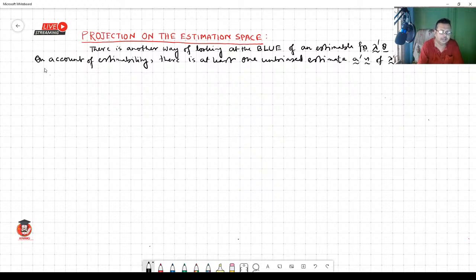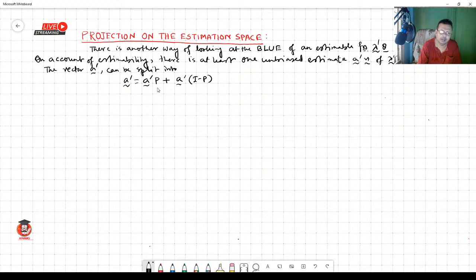So this vector A curl prime y, we already see this thing, A curl prime belonging to R^n, can be split into P, where P is a matrix. Here P stands for projection matrix.